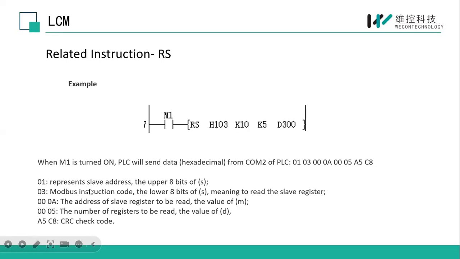And the K10 here is the address we want to read. And it can be HA, so it's 10.